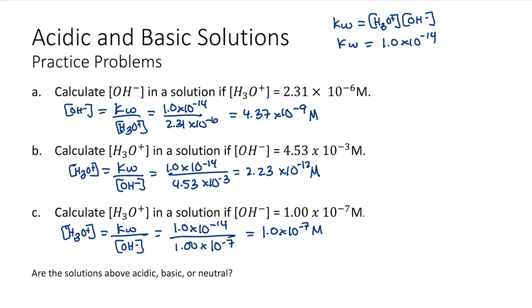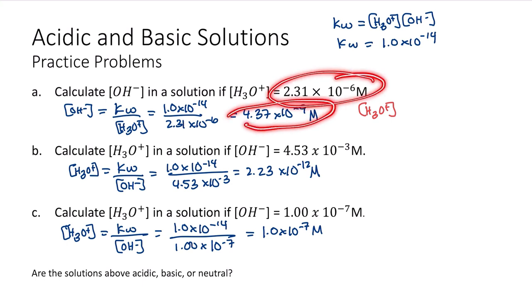Now we can determine if these solutions are acidic or basic, and all we need to do that is compare the concentration of hydronium ion to hydroxide. So in our first example, the concentration of hydronium ion is 2.31 times 10 to the negative 6. And the concentration of hydroxide is 4.37 times 10 to the negative 9.